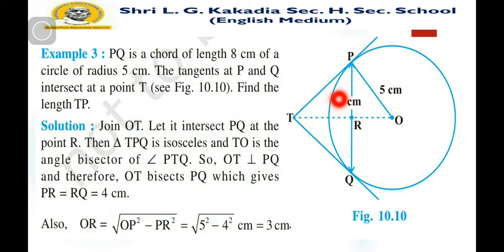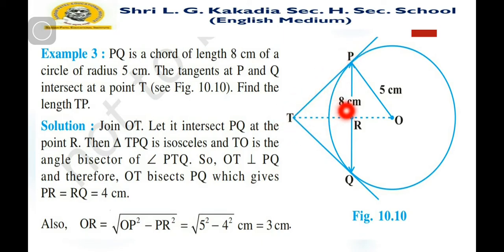By using the similarity rules, if both the triangles are similar to each other, then by comparing the sides we can find the side TP.